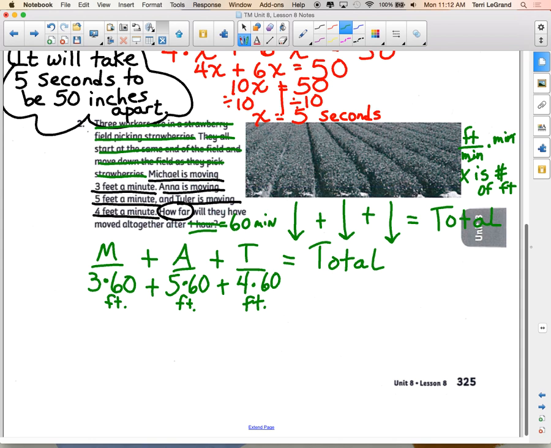And altogether, they moved how many feet? X, that's where our X is. We're solving for how far they have moved all together. So X feet.